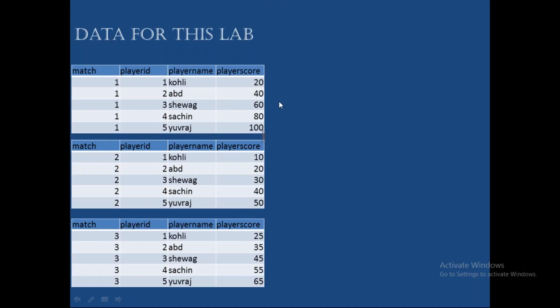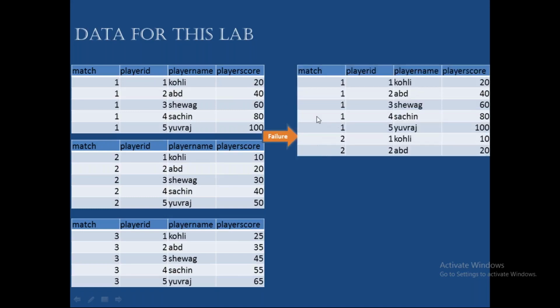I'm loading the data. See, when I'm loading the data, a failure happened. After loading all these records plus these first 2 records, the failure happened. Now I want to restart. When I restart this particular process, is it going to load all the 15 records again?